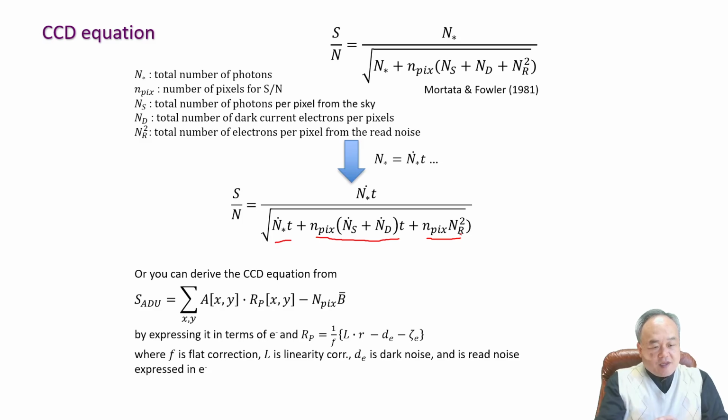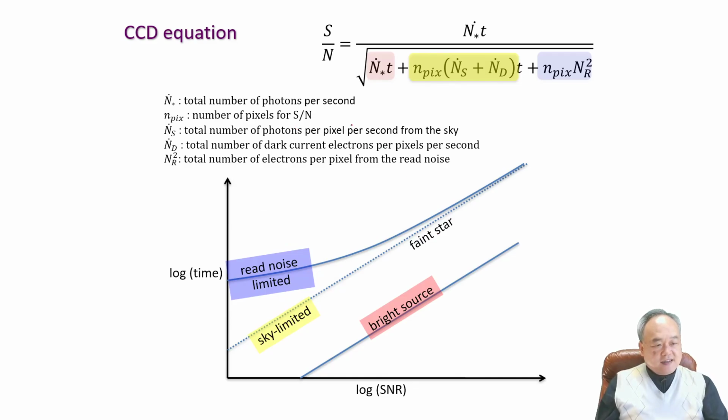So we can consider three different limiting cases where each one of these noise terms dominates. Let's think about the case where only the first term is the dominant noise source. That means sky and dark current are negligible and readout noise is negligible. That is the case when we observe a bright source. So then let's take the log on both sides.